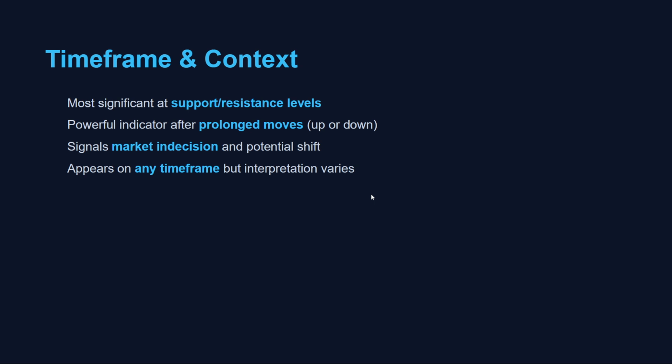So it really appears everywhere, often at the support and resistance levels, but you will see it in many situations and it's telling us many things. So the time frame and the context is extremely important, because that is really where you want to understand and use it.